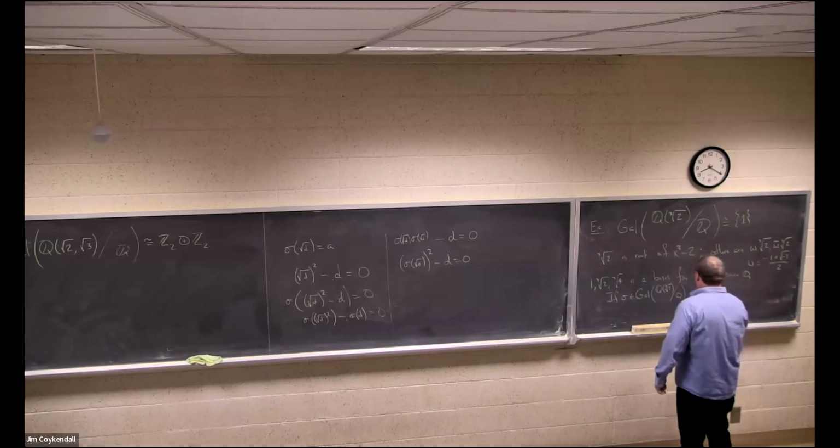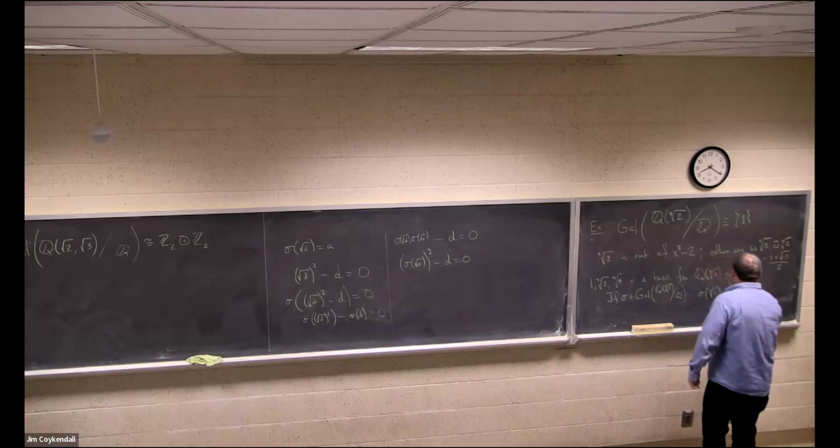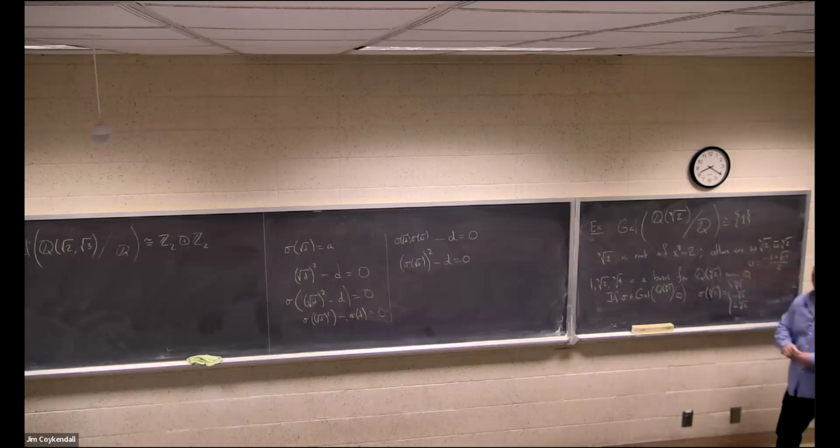Then sigma of cube root of 2 must be cube root of 2, omega cube root of 2, or its complex conjugate. Agree? It's got to go to another root. But it can't go to these two.